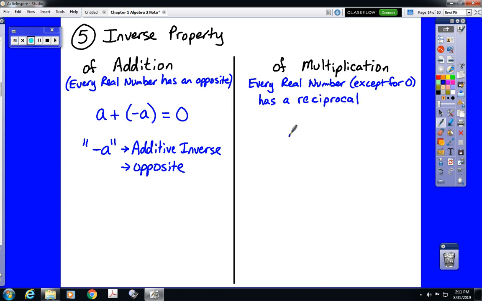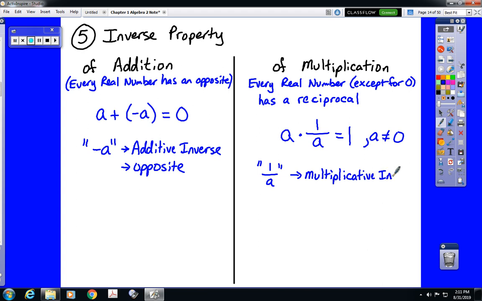In other words, for every number a, when a is not equal to 0, can be multiplied by 1 over a to get the multiplicative identity 1. 1 over a is known as the multiplicative inverse of a, or the more common word, the reciprocal.